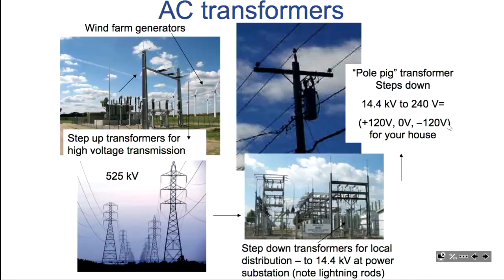So we have to use powerful step-up transformers, but then when we get closer and closer to towns and cities, we use a set of step-down transformers. Eventually it goes, on average, root mean square value, to the 120 volts we have in our power outlets.